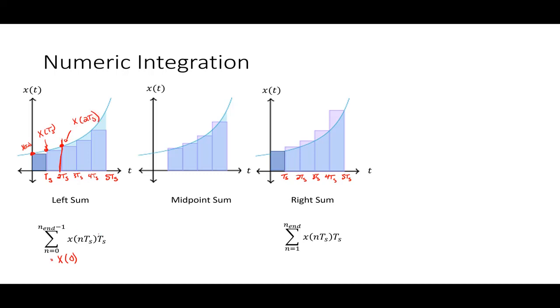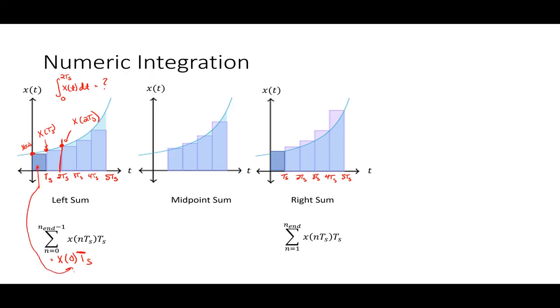Okay? So in my left sum, just to be clear, what I'm trying to do is get the area under x of t from 0 to 2t sub s. Okay? So I'm trying to compute that integral. So if I use the left sum, I start at n equal to 0. So at n equal to 0, I have x of 0 times t sub s. All right? That's the first term. That is this area right here.